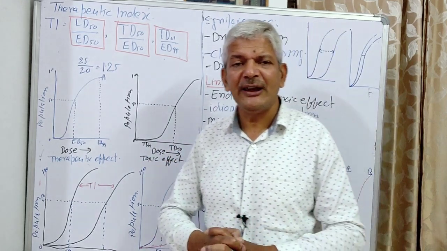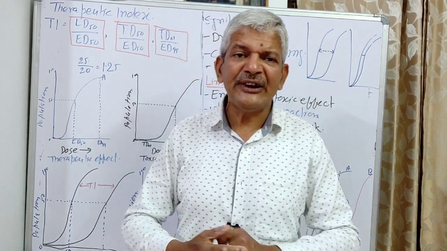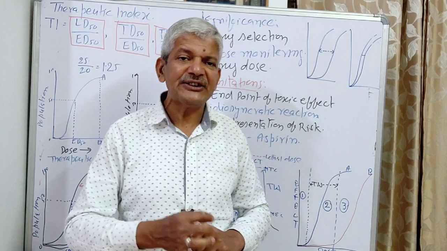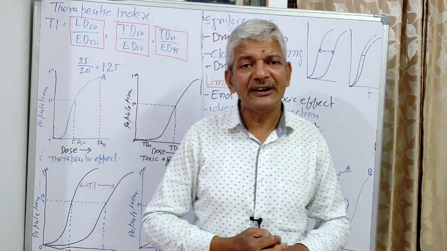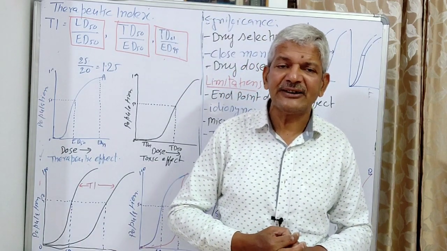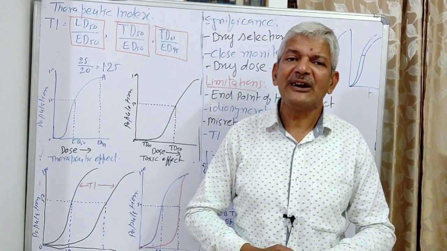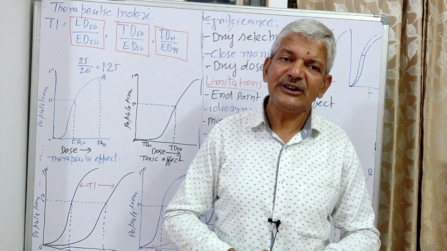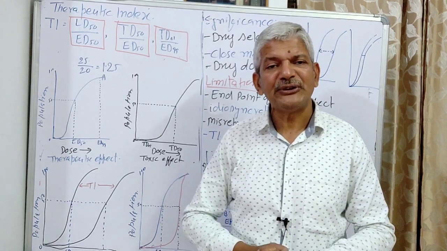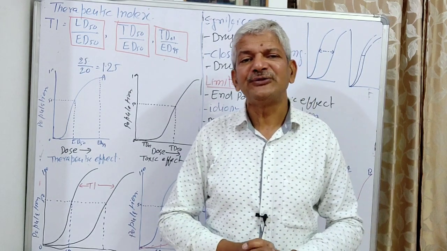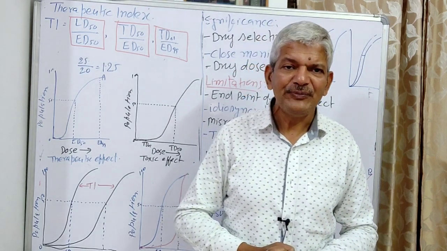In other words, the ratio of the concentration of the drug in the blood that produces the toxic effect to the concentration of the drug in the blood that produces the therapeutic effect is called the therapeutic index. Here we are using TD50 in place of LD50.